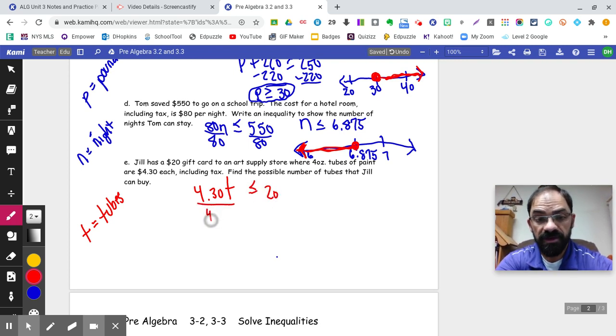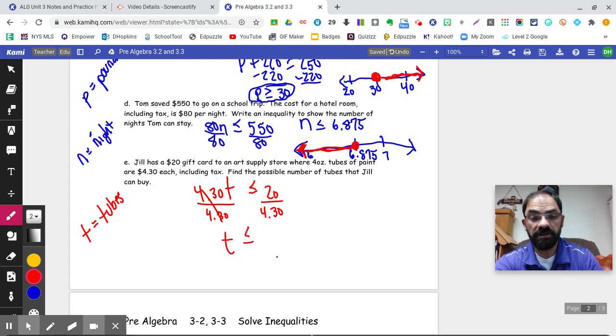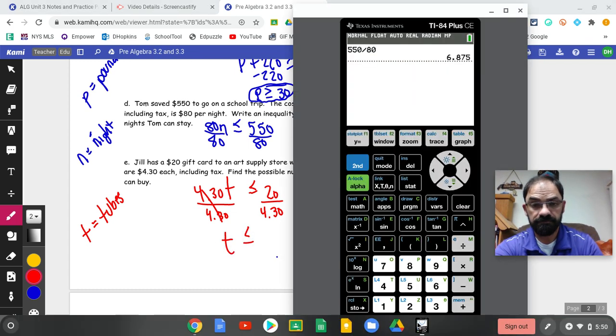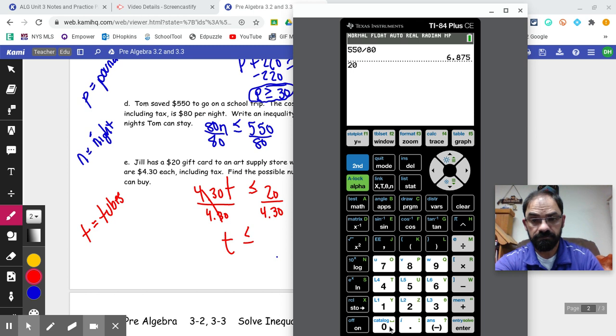So once again, we divide. And we use our calculator. $4.65 approximately.